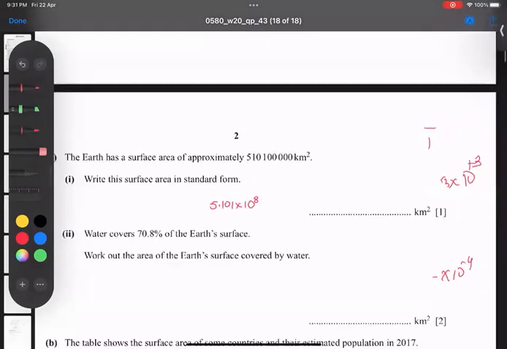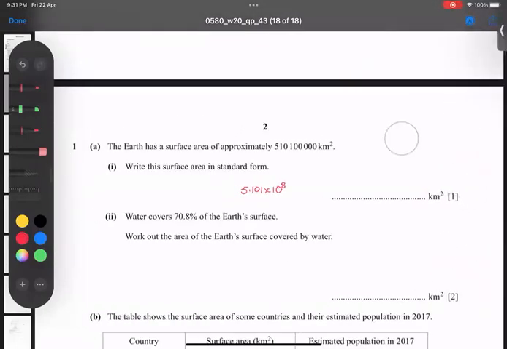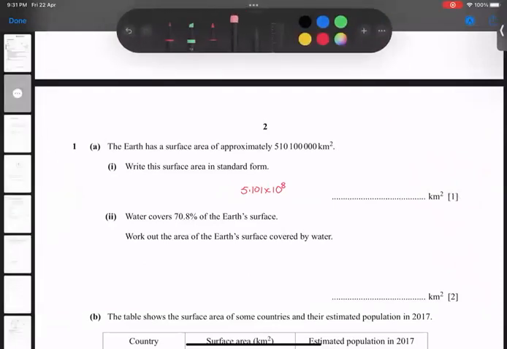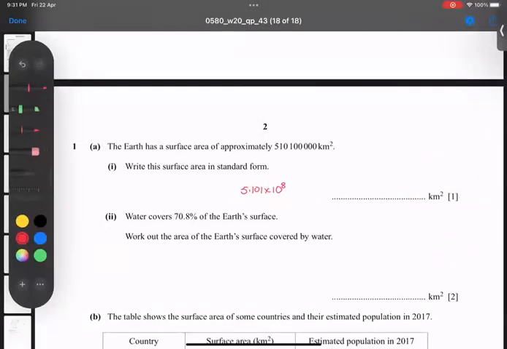Finally, I'm writing it now here: 5.101 into 10 to power 8. This is done. Let's talk about the other point.